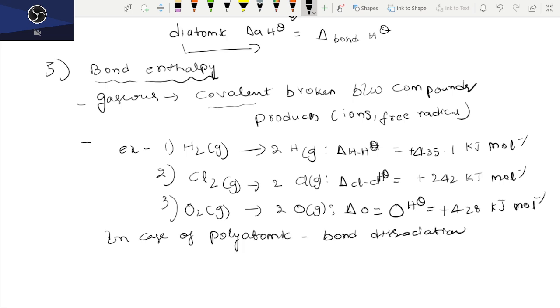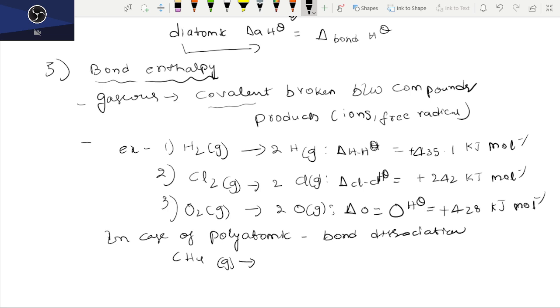Now, CH4 in the gaseous state, if it is slowly breaking, gives CH3 in the gaseous state plus hydrogen in the gaseous state. Delta bond H naught is equal to 427 kilojoules per mole.